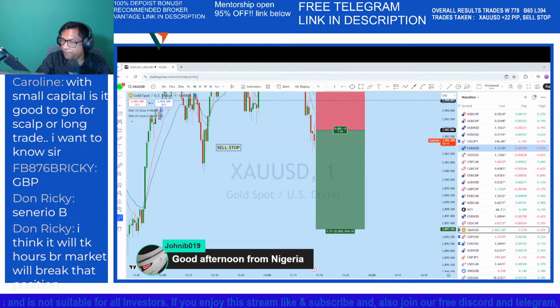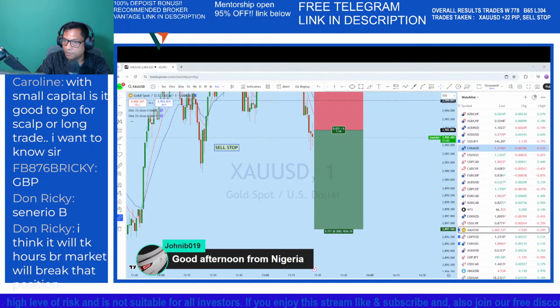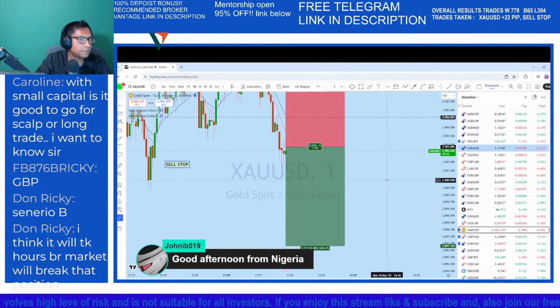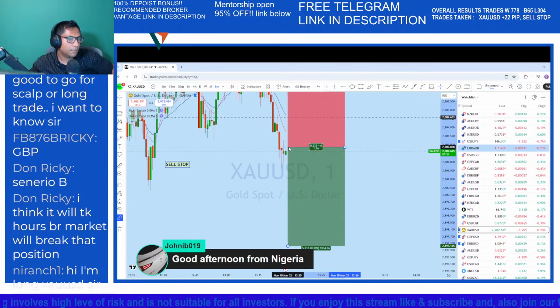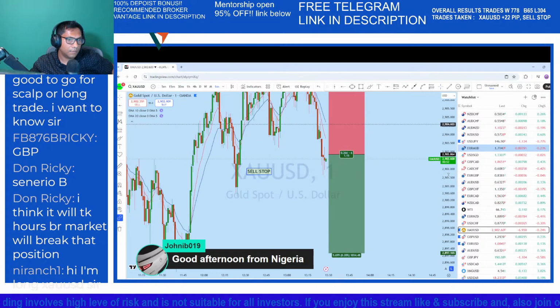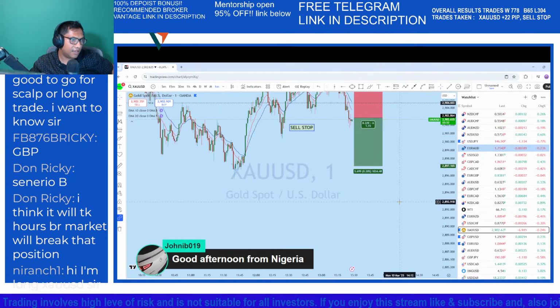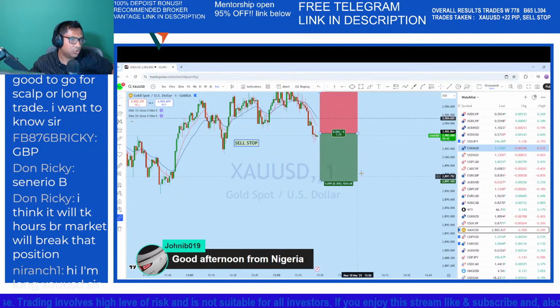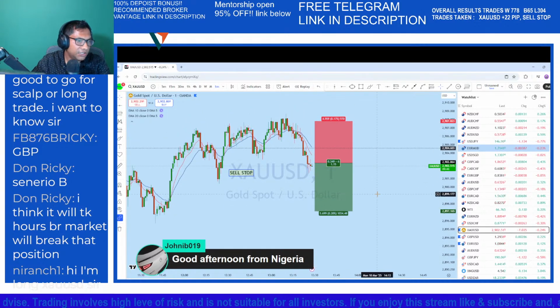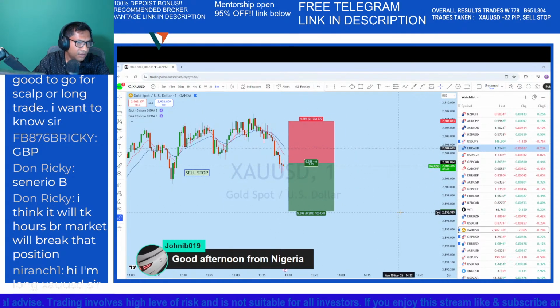So the probability for dropping is higher. So you might see that ultimately coming back below the daily 20 MA. The price action here is very fragile.